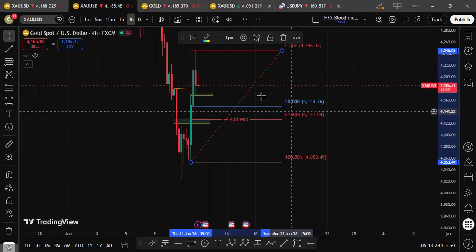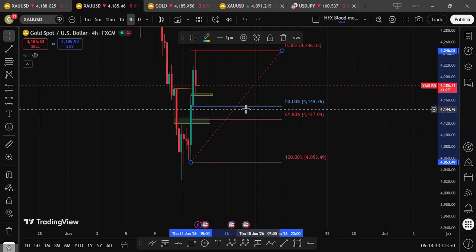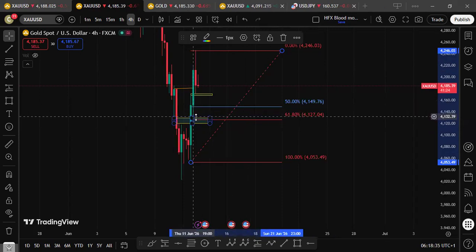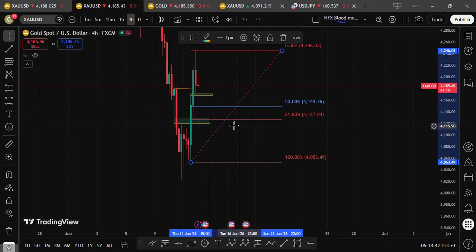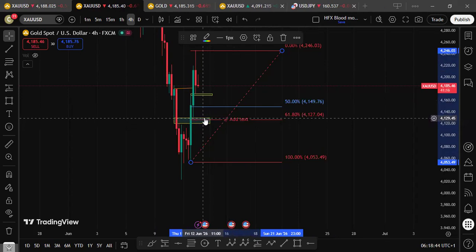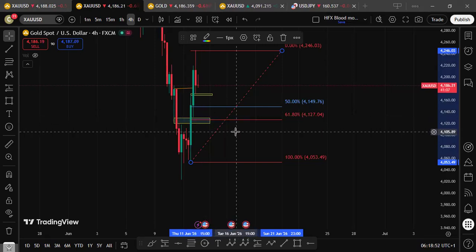As you can see, our Fibonacci golden zone fell under, or came very close to, this FVG down here. So if I'm looking for just buys, I patiently set a buy limit at this price, 4130, and wait.